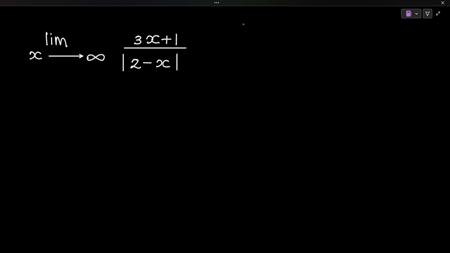We've got the absolute value of 2 minus x. And we know that absolute values are taken as the positive of this function. So for the positive, we're going to take it as is, and that is if the function is greater than or equal to 0.